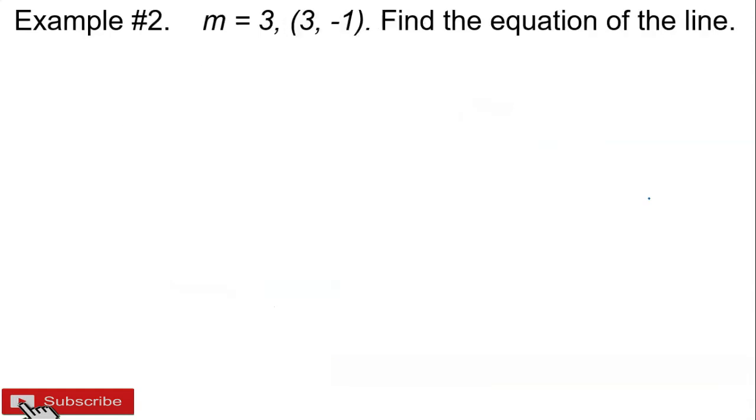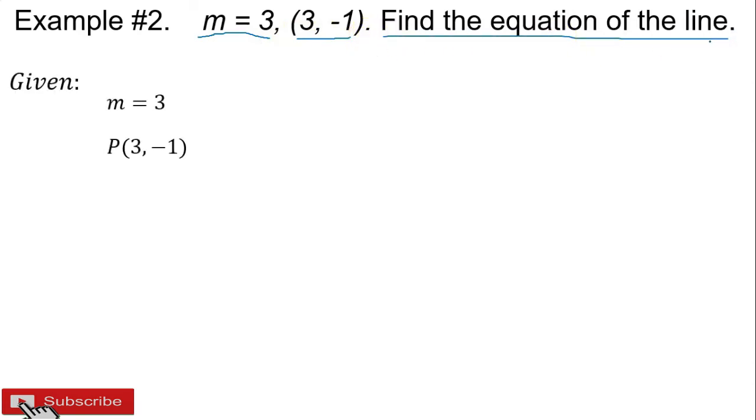Let's have another example. Number 2, ang slope natin is positive 3. Ang point natin is (3, negative 1). Hanapin natin yung equation ng line. So again, given ang slope natin is 3, ang point natin is (3, negative 1).